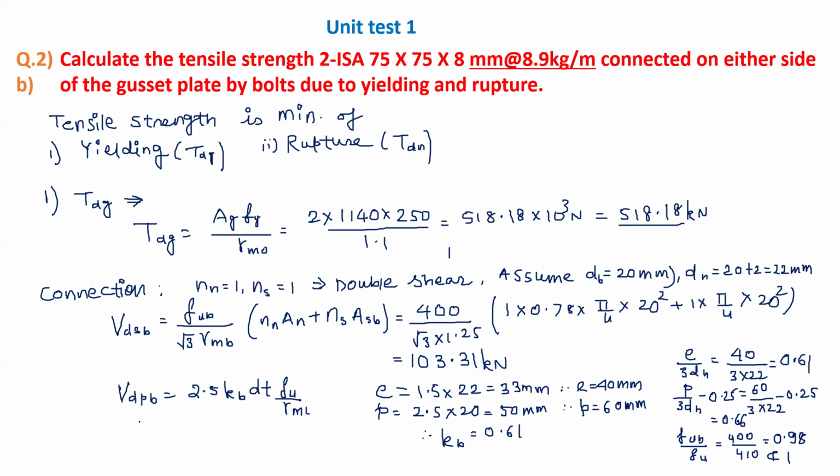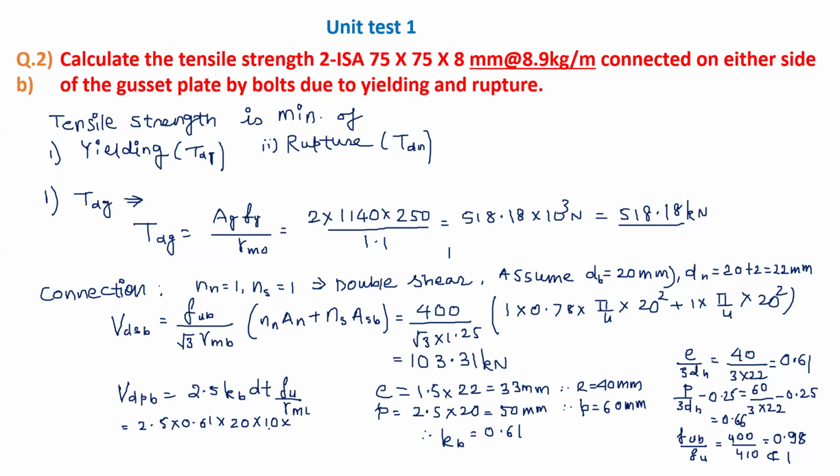Now put all these values in this equation. So we have 2.5 into 0.61, d is 20, t we have 8 mm. So one side we have 16, so the thickness of the gusset plate will be 10 mm, greater than the thickness of the angle. If you have a single angle, then t will be of the single angle.